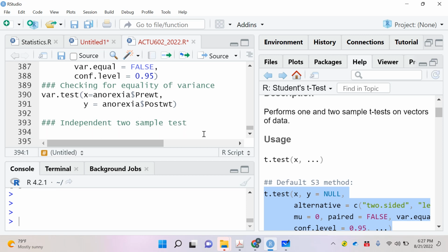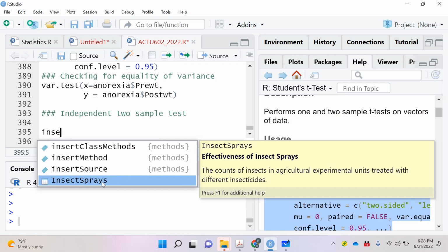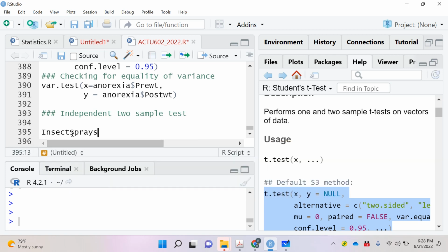Okay. So here, let's look at a data set called insect sprays. Okay, I'll use this for ANOVA. So let's just still use the anorexia data.